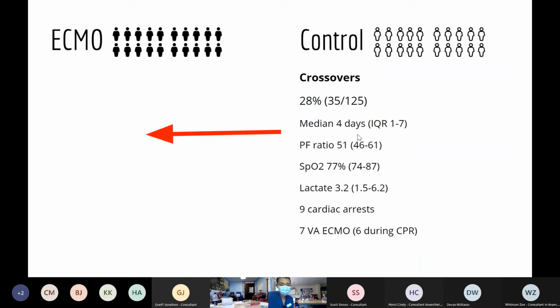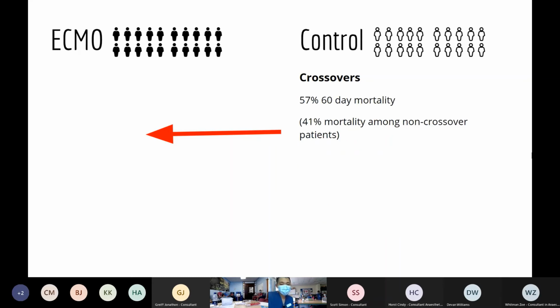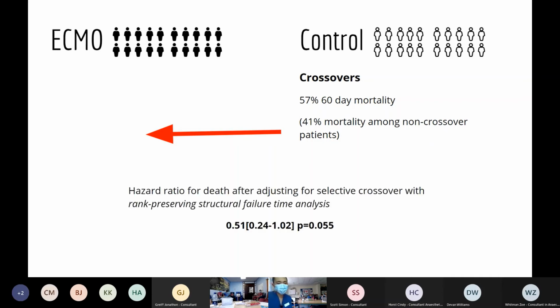They had a PF ratio of 50 at that time, which is 6 kilopascals, and a median SATs of 77%. 9 of them had a cardiac arrest. 7 of them went on VA ECMO, including 6 on CPR. And these patients who crossed over had 57% 60-day mortality compared to only 41% mortality among the non-crossover patients.